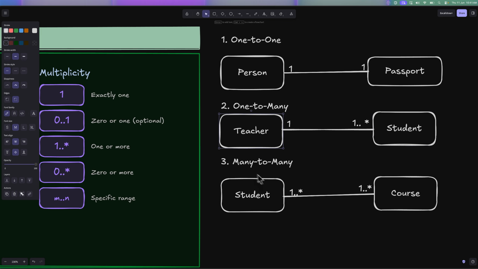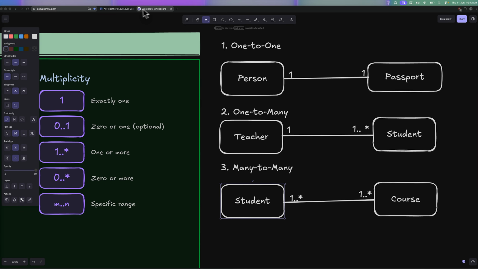In the many to many, one student can have one or many courses, whereas one course can have one or many students. From left to right you consider this, and from right to left you consider this. So that's all with respect to multiplicity.